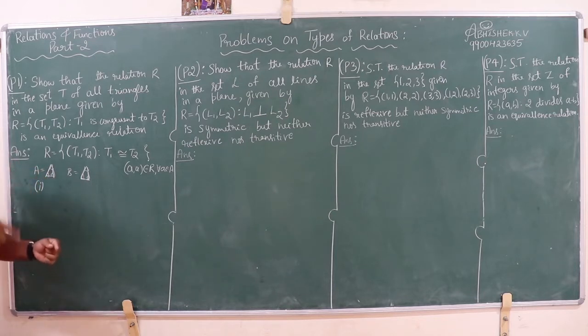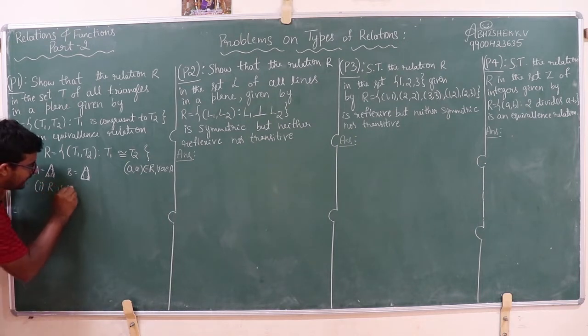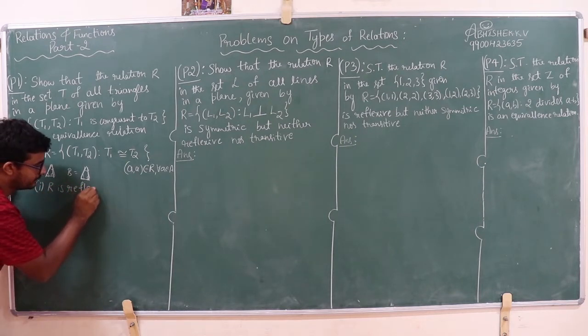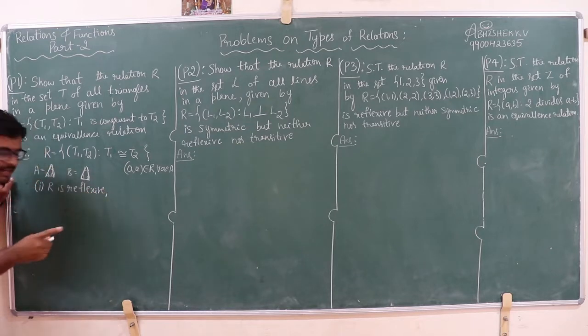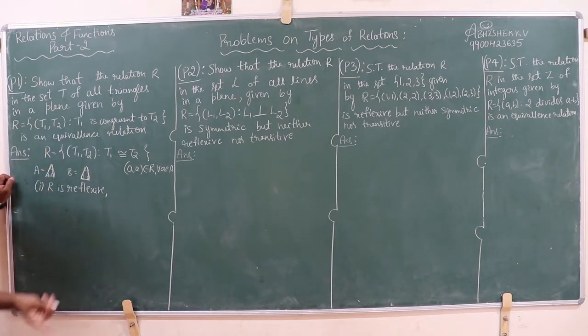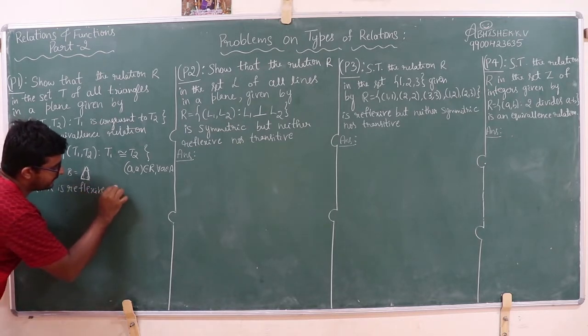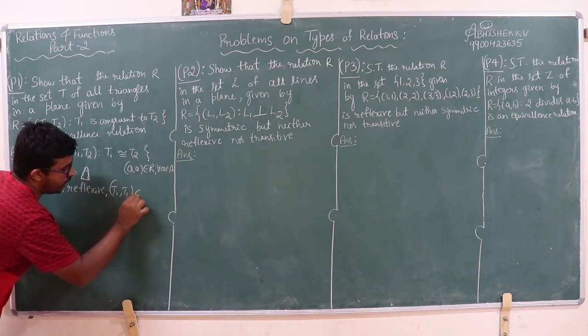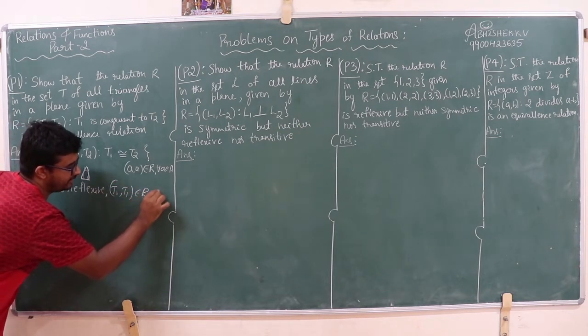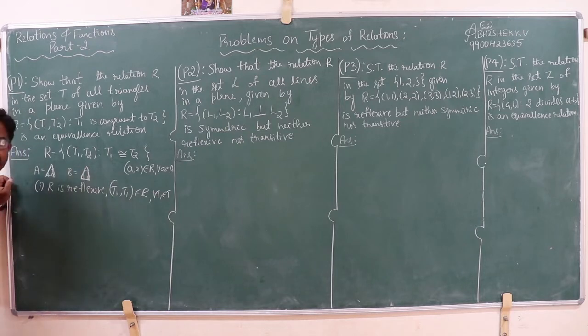As every triangle is congruent to itself, R is reflexive. Are you getting it? Every triangle is congruent to itself. Therefore T1 and T1 belongs to the relation R for all T1 belonging to the set of triangles. Therefore R is reflexive.